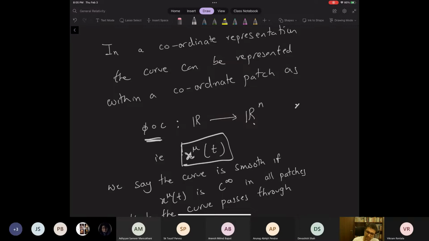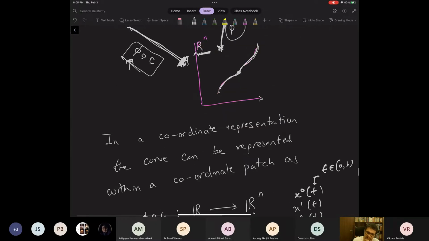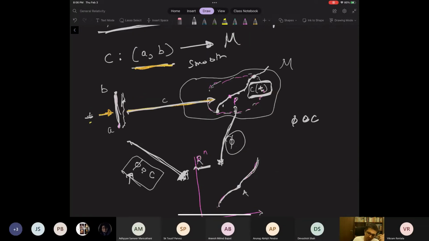So it's like x0 of t, where t belongs to this open interval AB. When I specify all the xn's, then I'm specifying a unique point in Rn, and that is telling me where I am for some particular value of t.